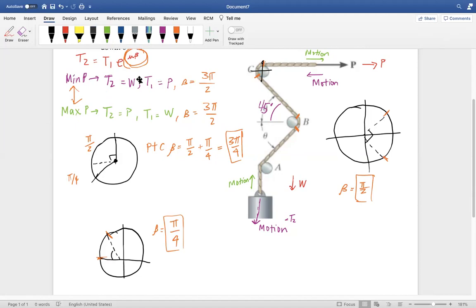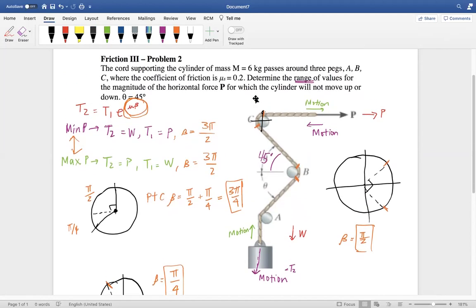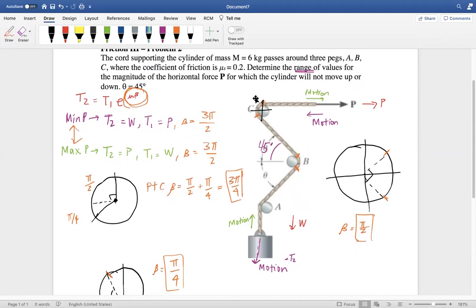So then to solve it, we would just plug in. And then we would add them because we're solving for the range of values. So we would just plug in each one for the min and max. Again, this is one of those cases where they gave you a mass for this value, right? So you know this equals m. But since that's a mass and you need a weight, you multiply it by 9.81, right? So this is not an unknown. You know this, and you know beta, and you know mu because it gave it to you right here.